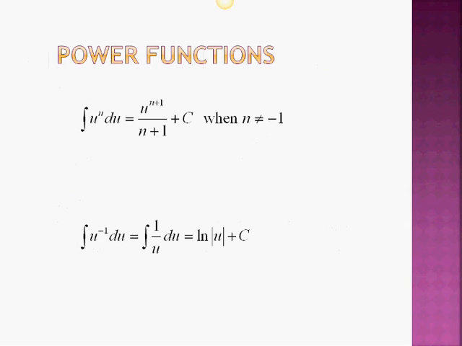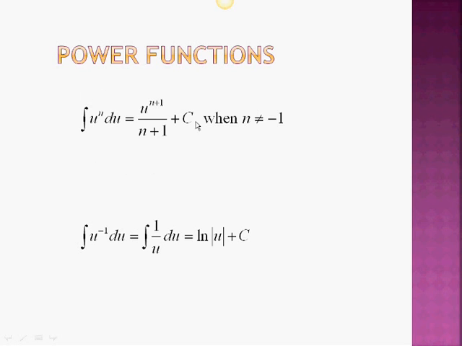I put in here some of the basic rules for antiderivatives. The first one is the power rule, and hopefully when you look at that, it looks a little nasty, but it really isn't. If I have a function u to the n du, and I'm taking the antiderivative of it, I just add 1 to my power, divide that function by that power, and put a plus c on the end.